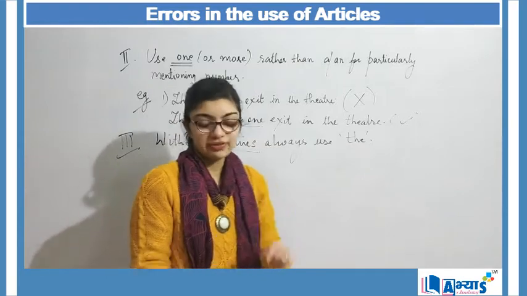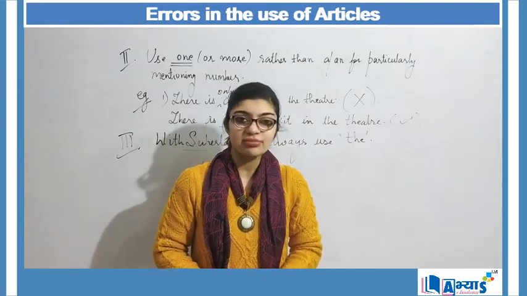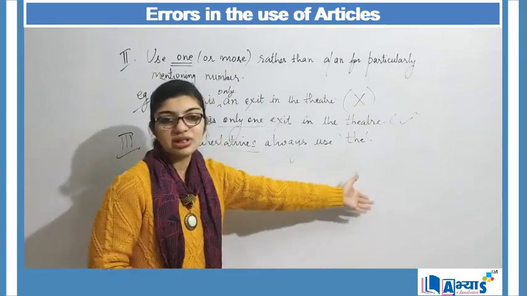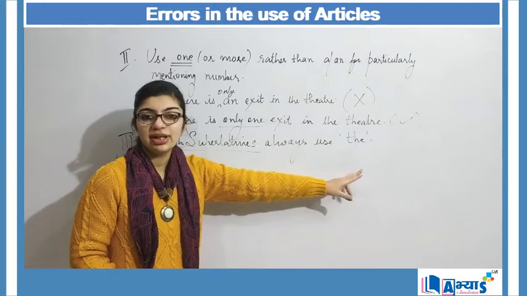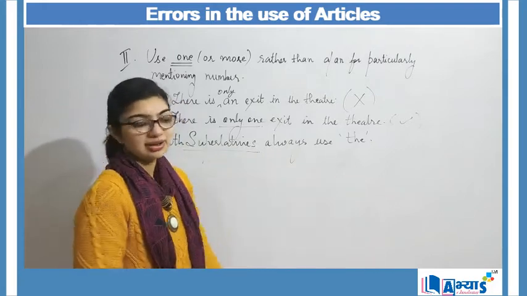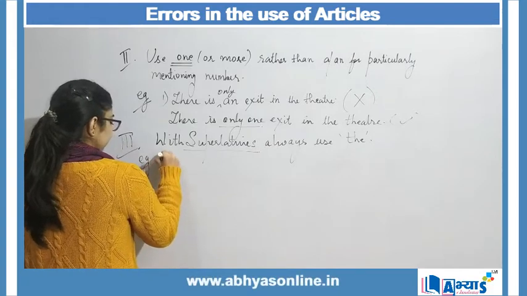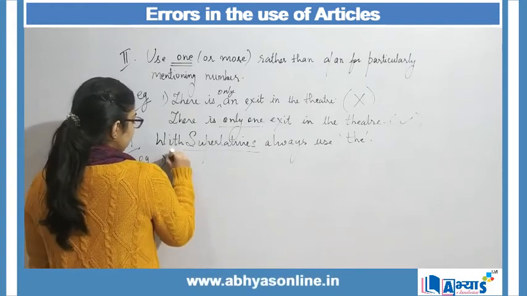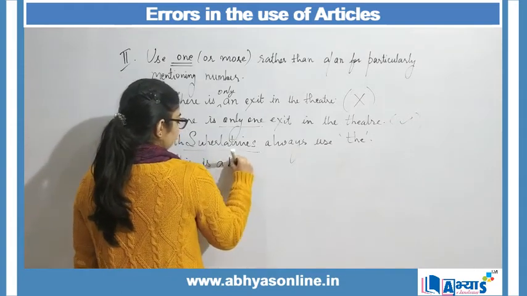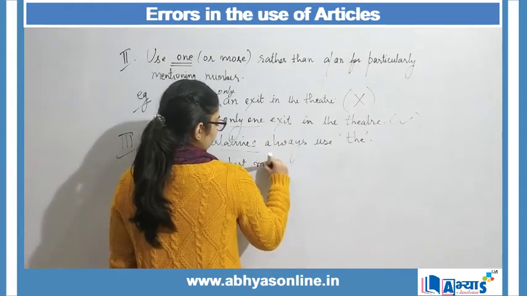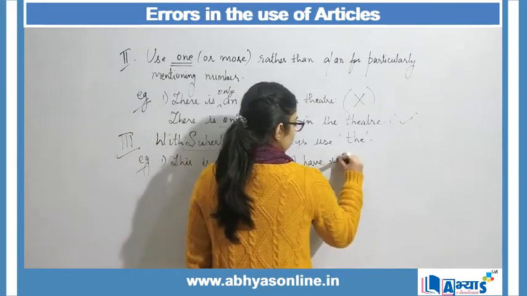With superlatives we never use a or an. And there are some superlatives in which even the is not used, but when required we will make use of the and not any other article. Example, I say, if I say this is a best movie I have seen so far.